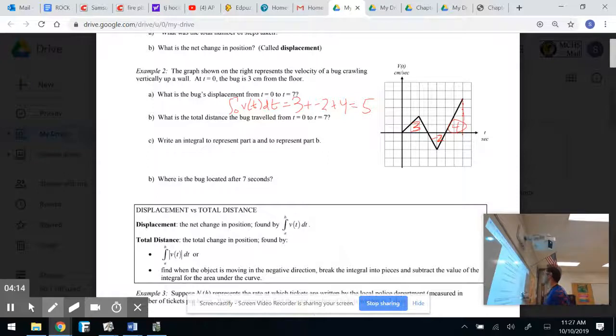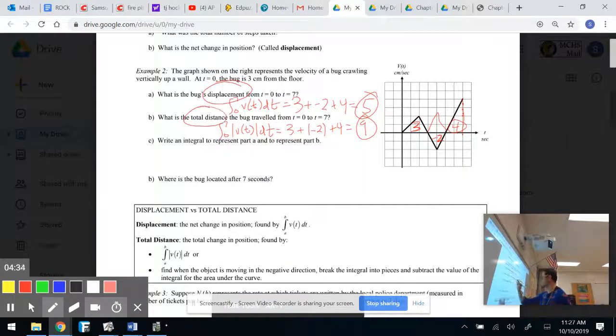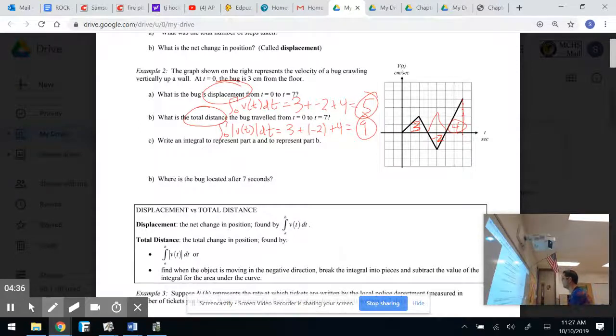Total distance would be, another way to write this, the absolute value. If I take the absolute value, my velocity turns up, right, class? So that would be 3 plus the absolute value of -2 plus 4, for a total of 9. It's very important to understand the difference between displacement and total distance, even though we've done that before in AP Calc, right, class?